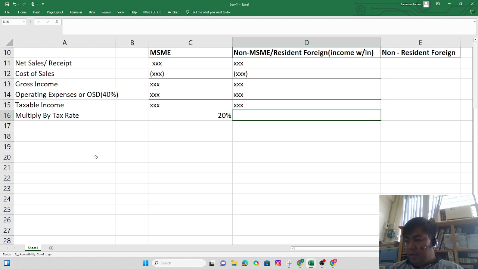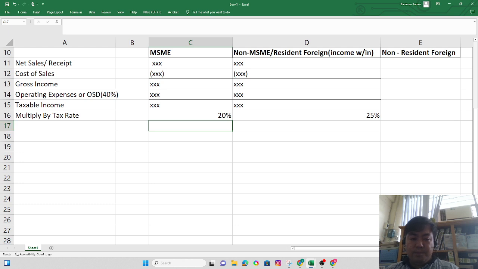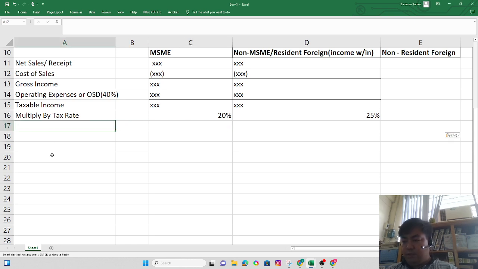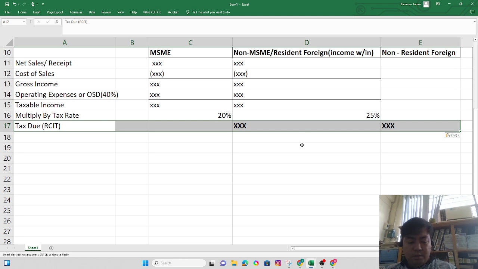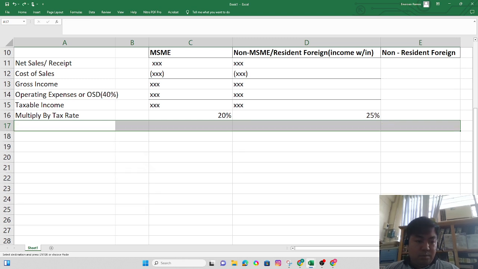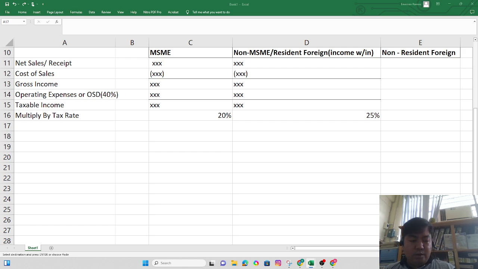For non-MSME and resident foreign corporation, their tax rate is 25% to come up with the tax due or our regular corporate income tax.